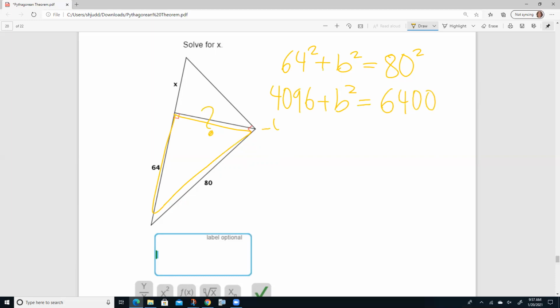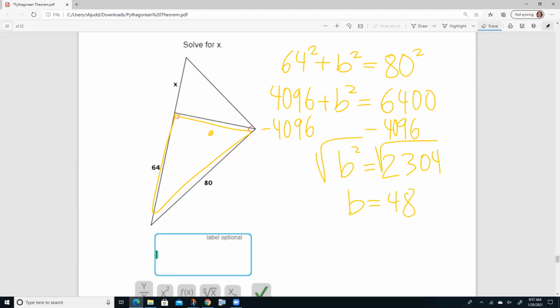Let's subtract our 4,096 from each side. b squared is going to be equal to 2,304. Let's take the square root of each side in order to solve. And b will be equal to 48. Okay, cool. So I can go ahead and erase that question mark and write 48.